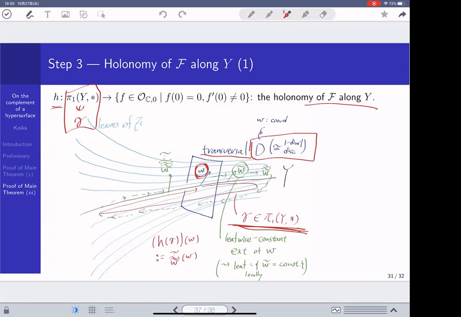And consider on the neighborhood of this point, actually this is a base point, the leafwise constant extension of this W, denoted by W tilde. And next, around here, let us consider the leafwise constant extension of W tilde.